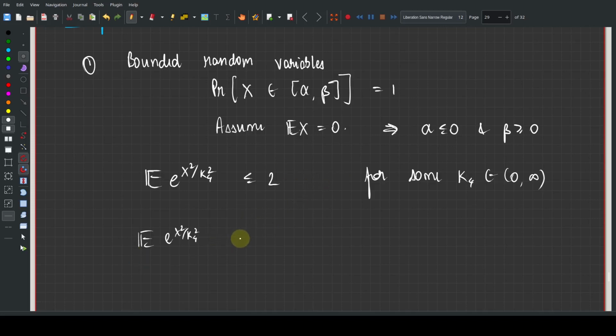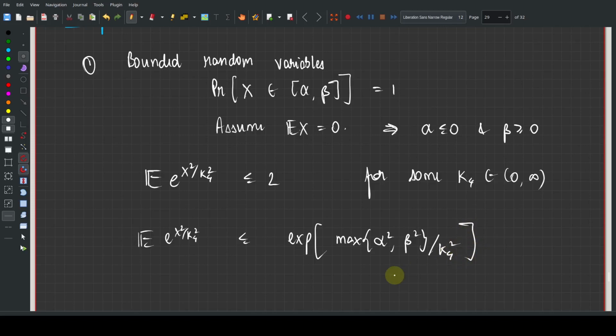So I know that x lies between alpha and beta, so x square is less than or equal to the maximum of alpha square and beta square. So this is less than or equal to e raised to max of alpha square, beta square divided by k4 square.